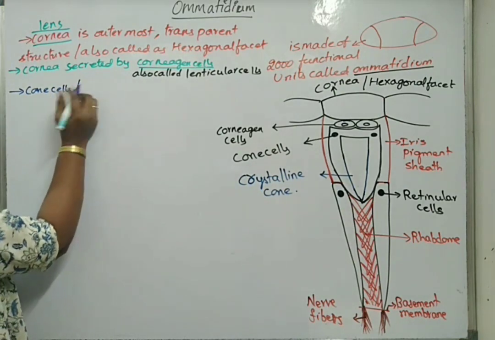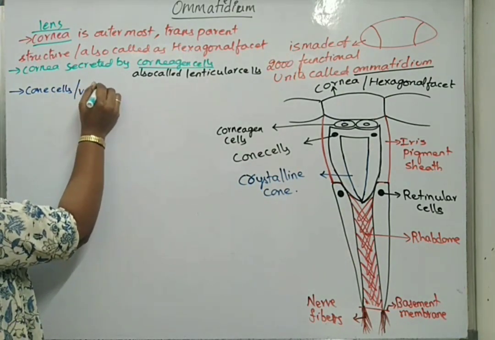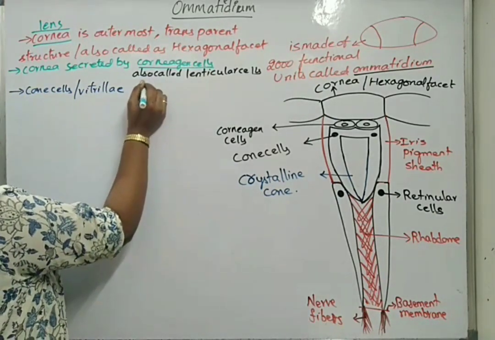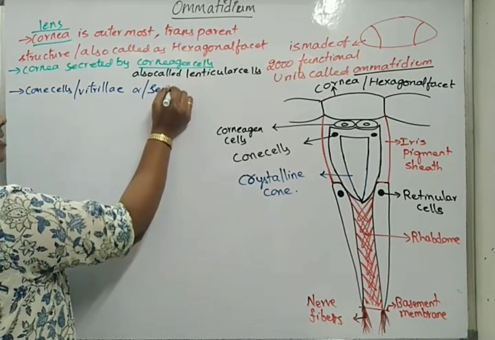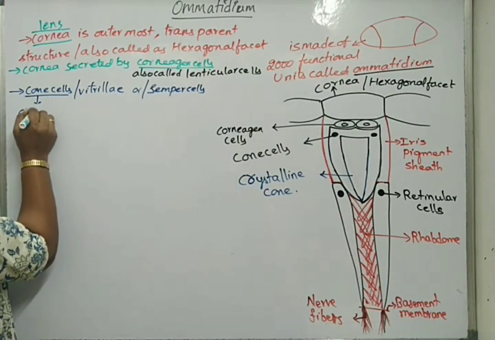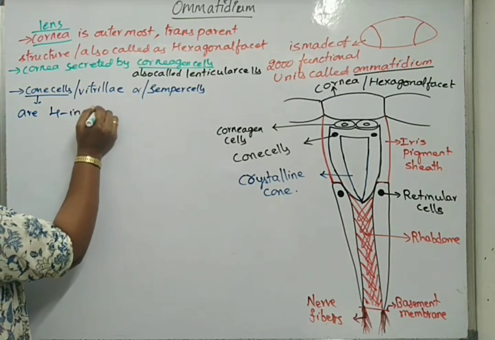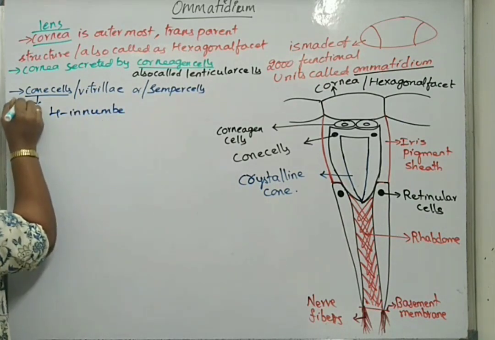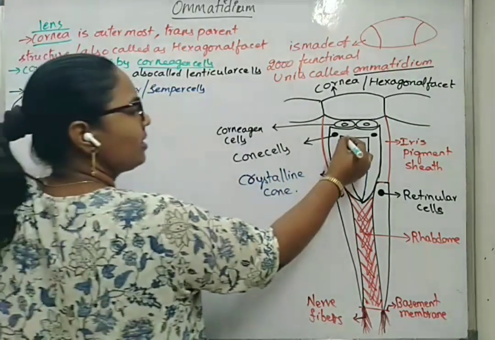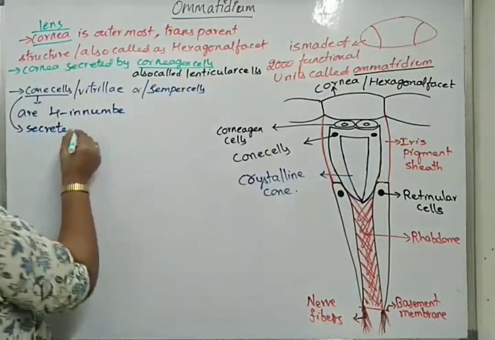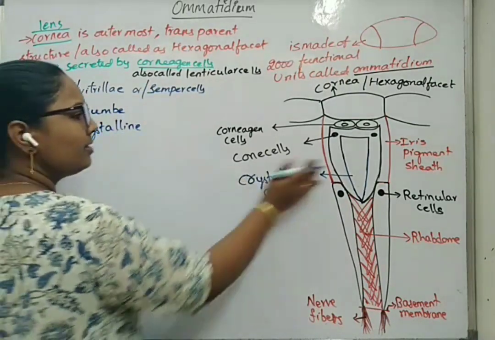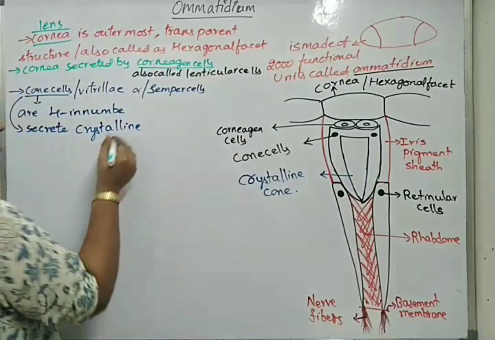Cone cells are also called vitrellae or Semper cells. Cone cells are 4 in number. Cone cells secrete this crystalline cone, this middle one. They secrete the crystalline cone and surround the crystalline cone.